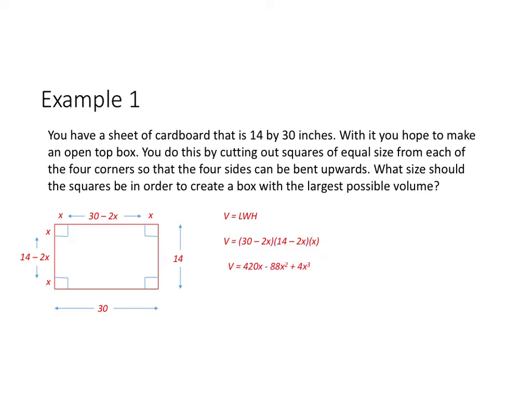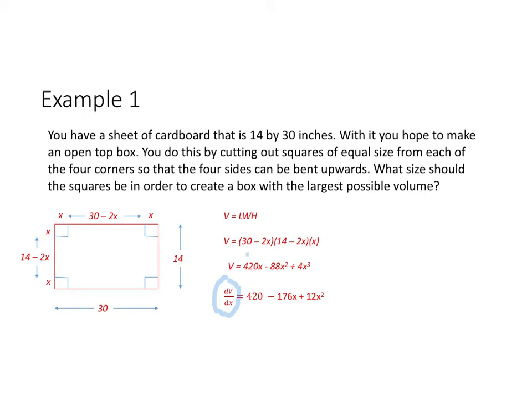If we multiply everything out, we end up with the volume equal to 420x minus 88x squared plus 4x cubed. Now this is what we want to maximize. We want to maximize the volume. To do that, we're simply going to take the derivative of our volume function, so we want dV/dx.